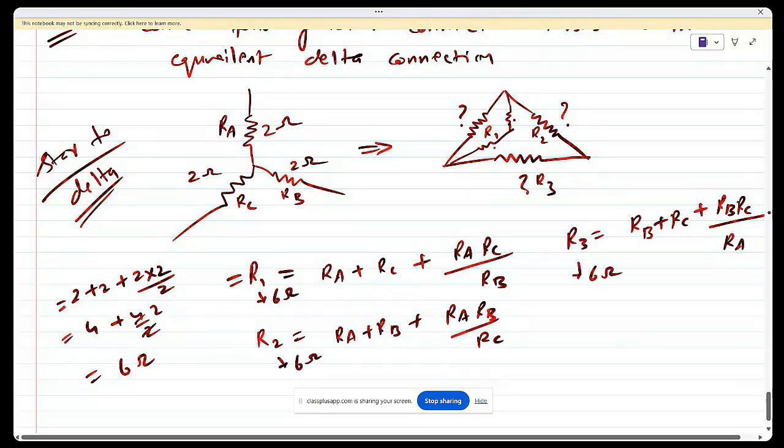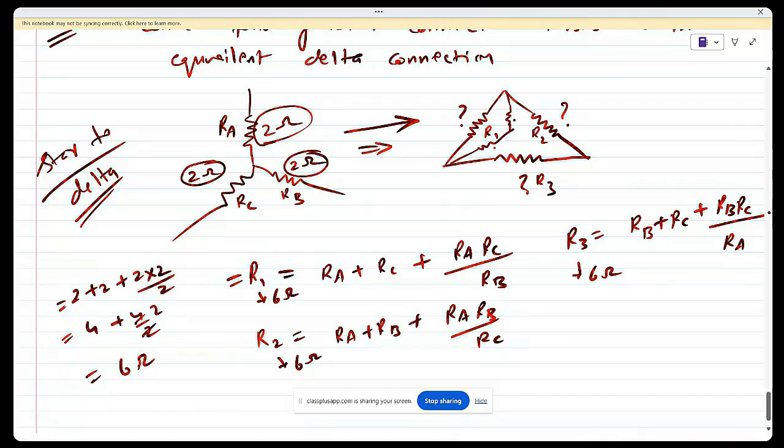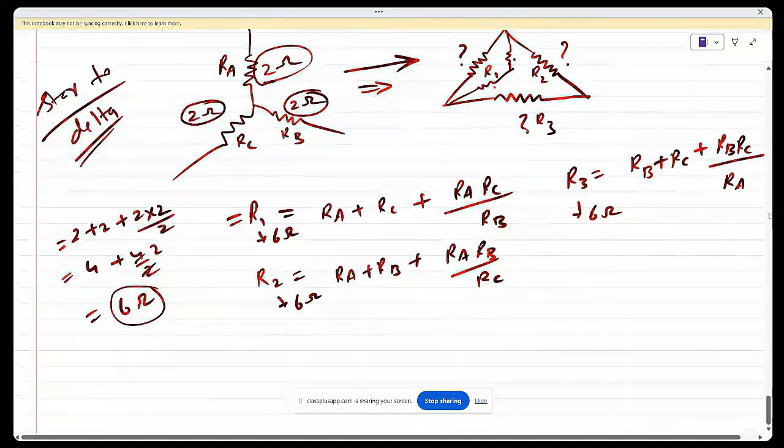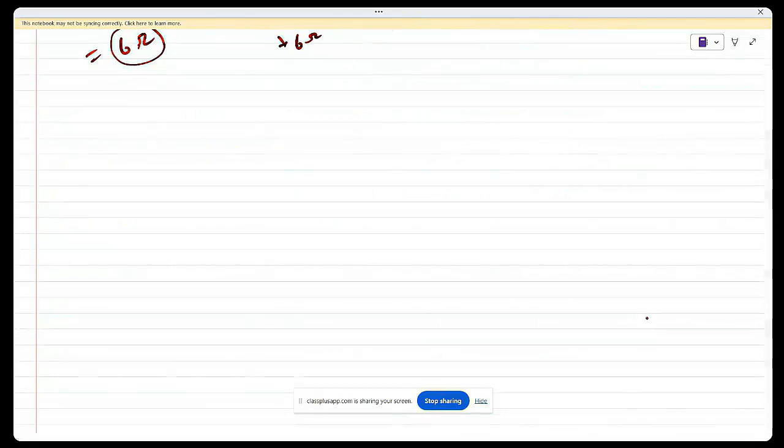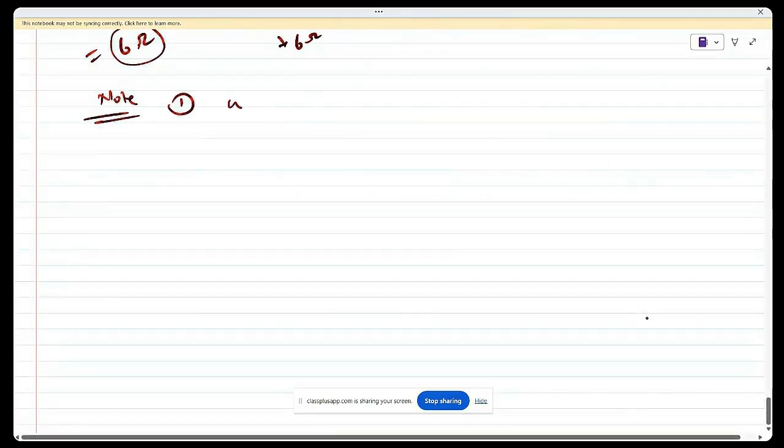What are you concluding? That if the same value of resistances are connected in star and they are transformed to delta, they will result in 3 times the star connected resistance, because it is 6 and the original was 2.